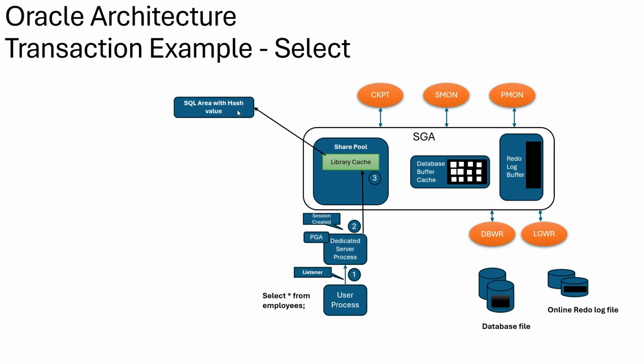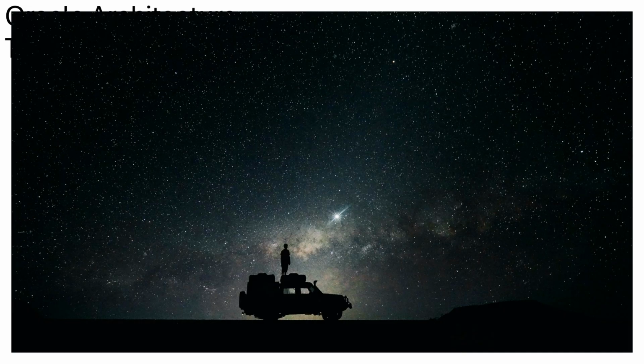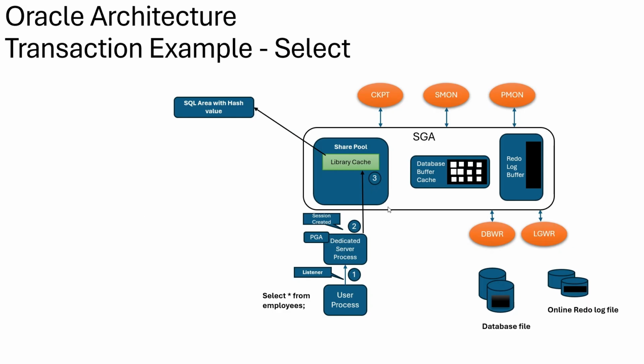It is a reference value. We'll talk about how this reference value will be used. So what happened is it created a SQL area to store the select star from employees query, because you are running this query for the first time.